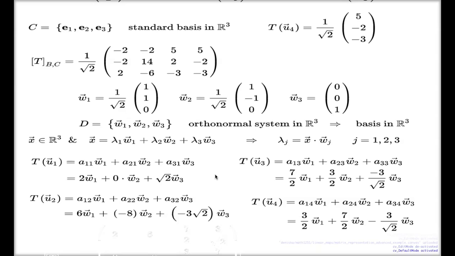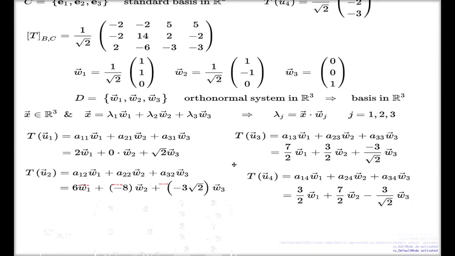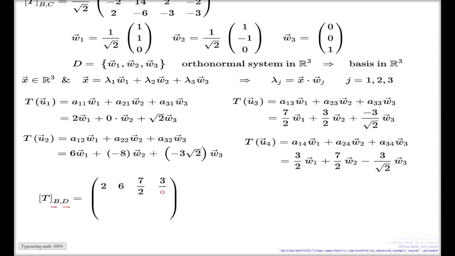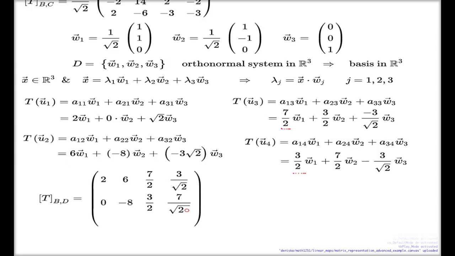Here are my coefficients. If I now collect all of these coefficients as columns in my matrix, here will be the matrix of my T with respect to the bases B and G. 2, 6, 7 on 2, 3 on 2. This needs fixing. Second row, it's the second set of coefficients: 0, negative 8, negative 3 halves, and this needs fixing.